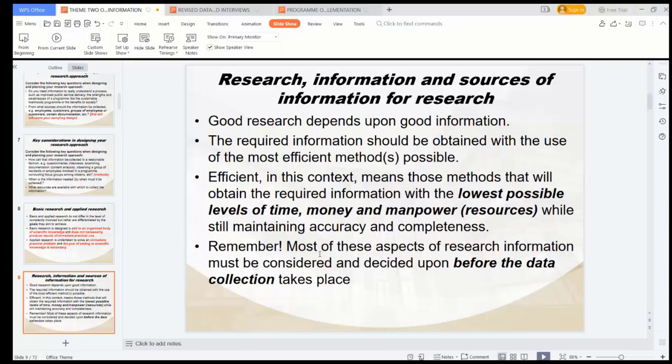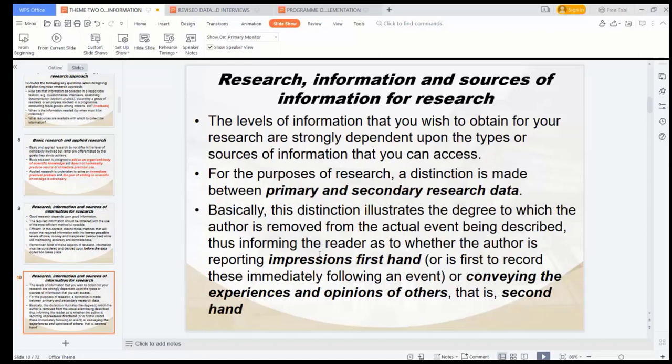Remember, most of these aspects of research information must be considered and decided upon before data collection takes place. In other words, it happens early at the planning stage. How much time will I have? You see, in research proposals, towards the end, some universities or study leaders would require a student to indicate time frames, the cost and the budget, by when the field work will be commissioned, by when the entire work will be completed.